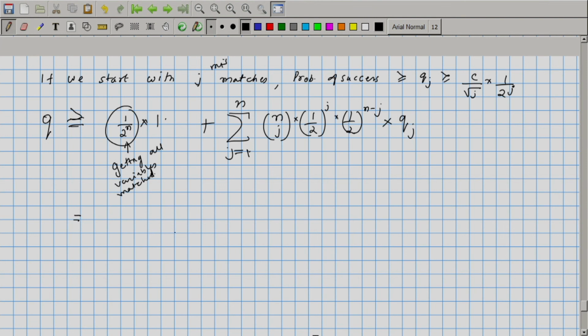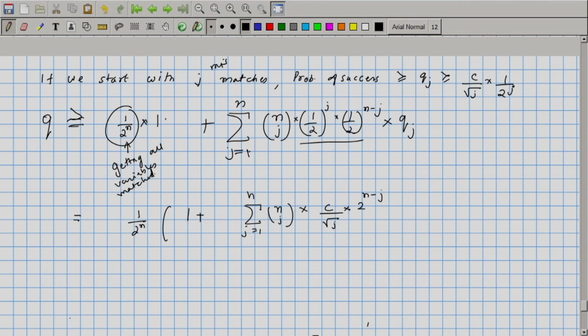So, this one can sum it up by taking 1 by 2 raised to n outside, 1 plus summation j equals 1 to n, n choose j, these two multiply and give n raised to n into qj. So, qj we can replace it with c by root j into 2 raised to n minus j.